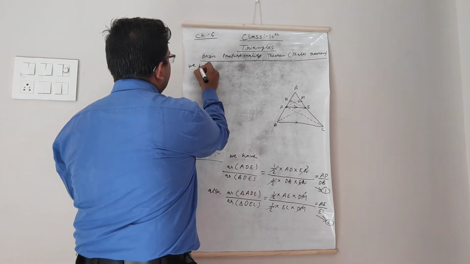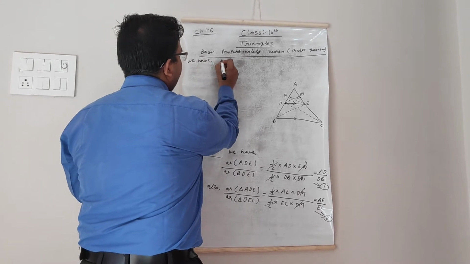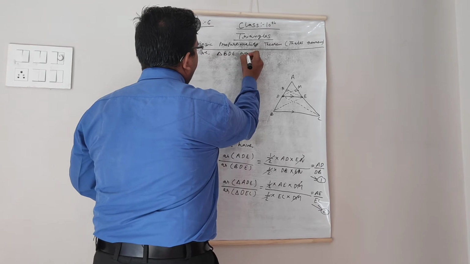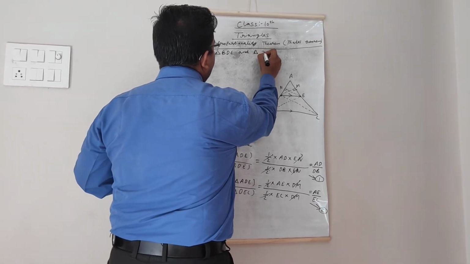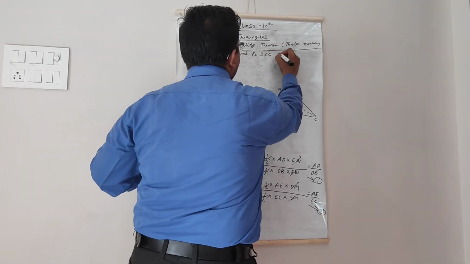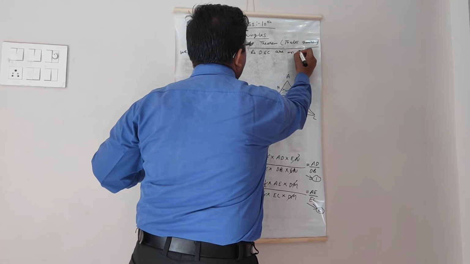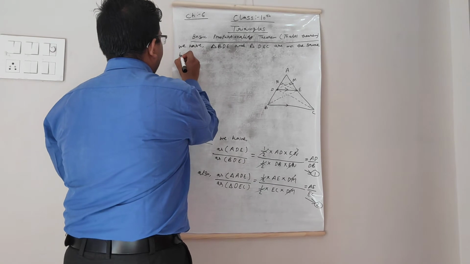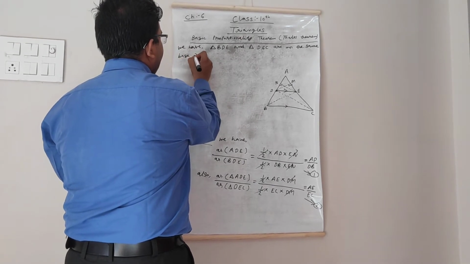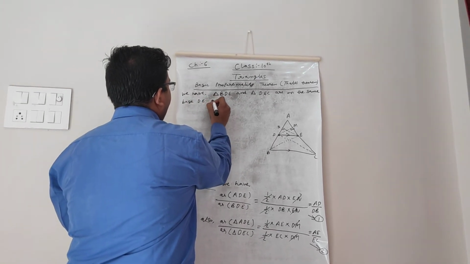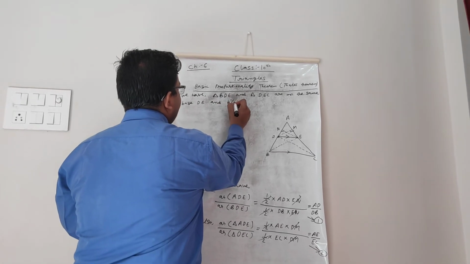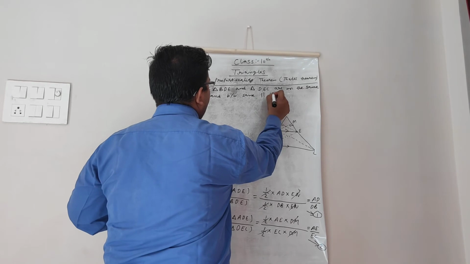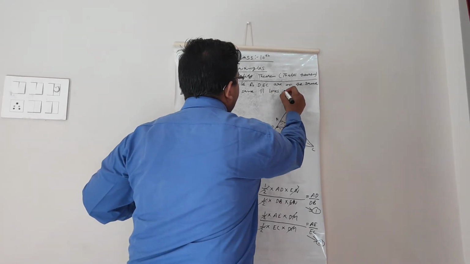We have triangle BDE and triangle DEC on the same base DE and between the same parallel lines DE and BC.